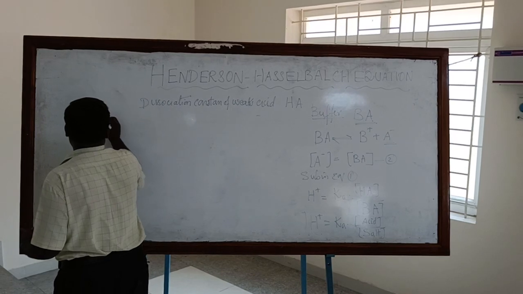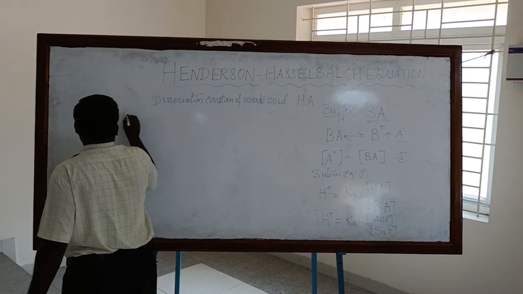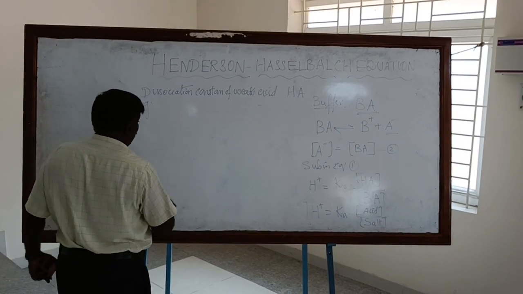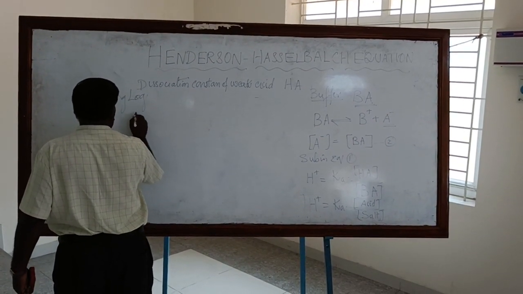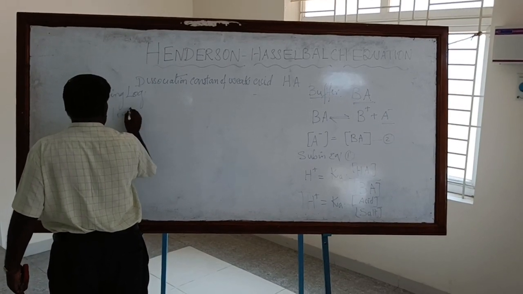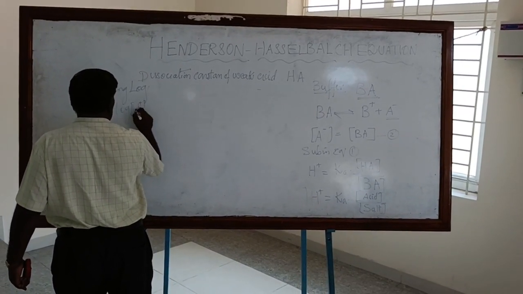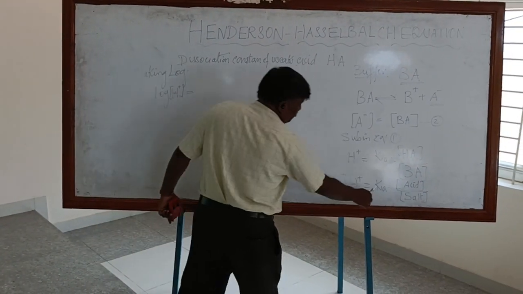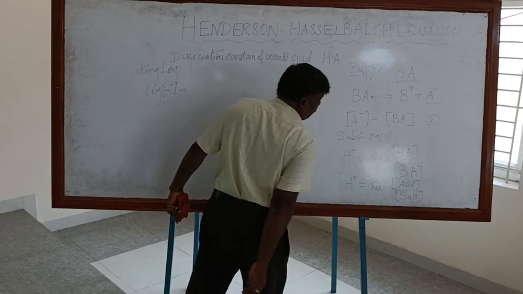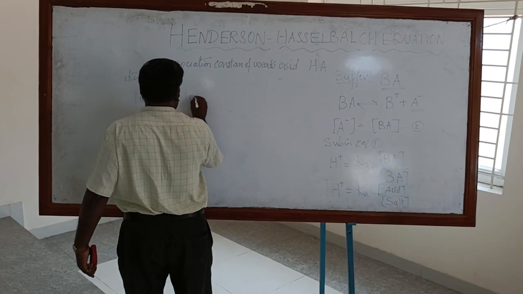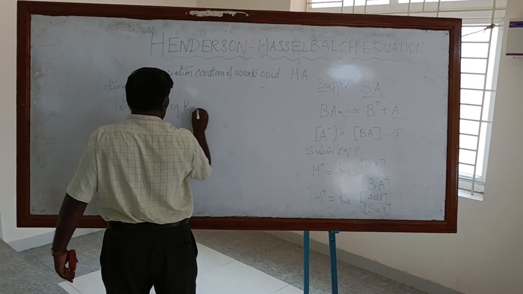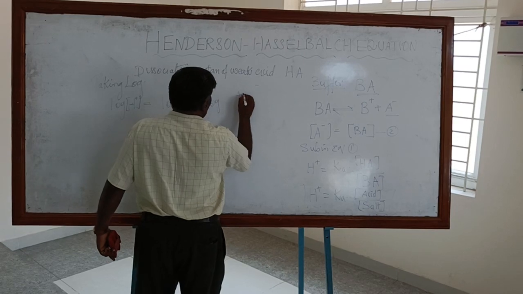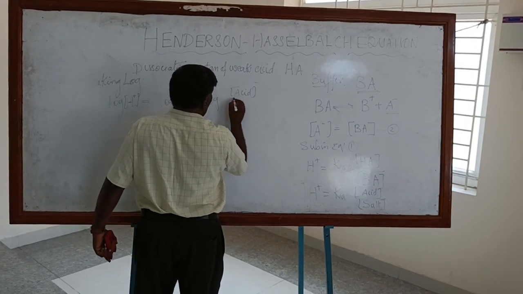On taking logarithm, log H plus ion concentration is equal to, this is of the form log A plus log B, so I can write log Ka plus log acid by salt.